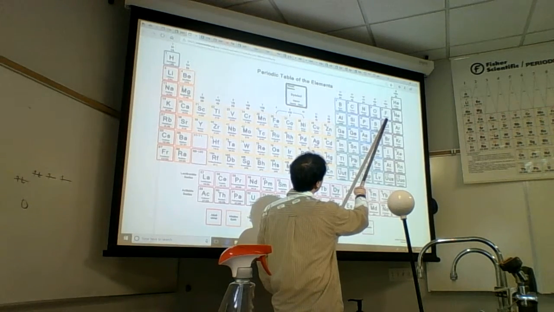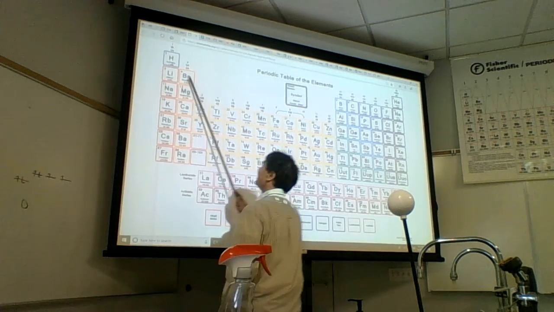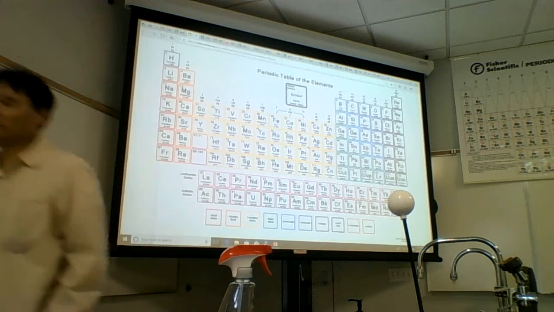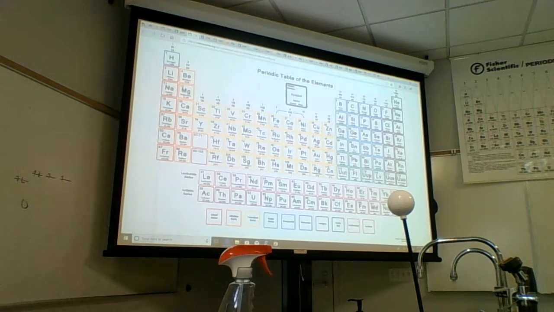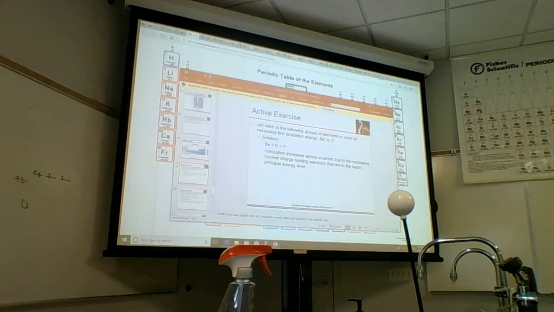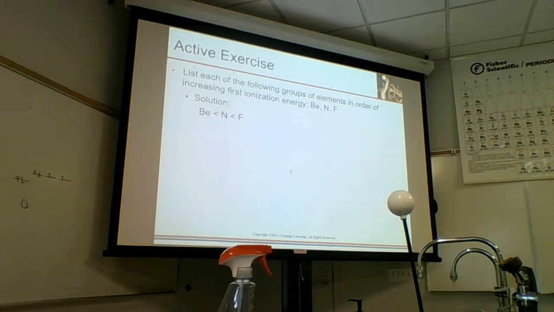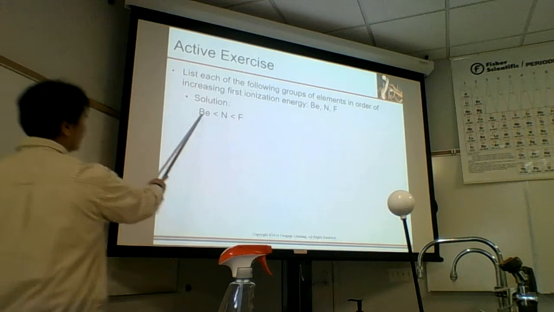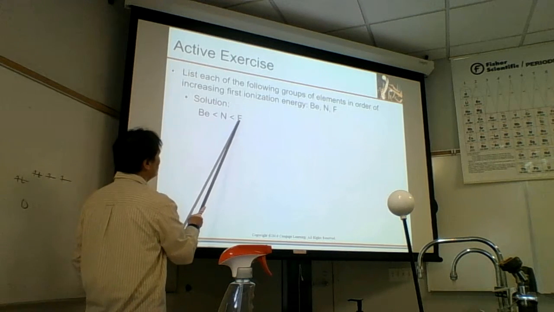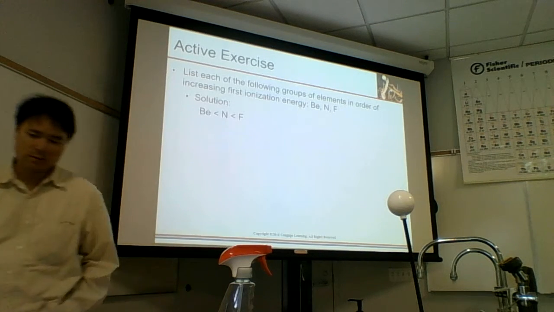Which one's the biggest? Beryllium. It's going to be the easiest to ionize. Beryllium is the easiest, requires the least amount of energy. Fluorine is the hardest, requires the most amount of energy to ionize.